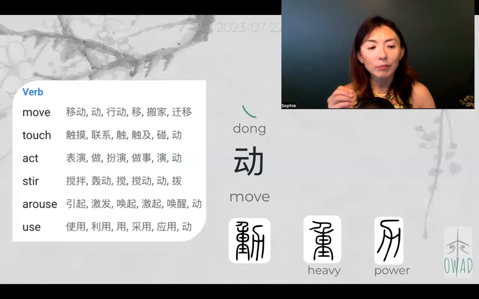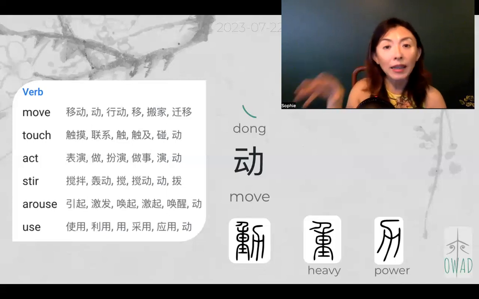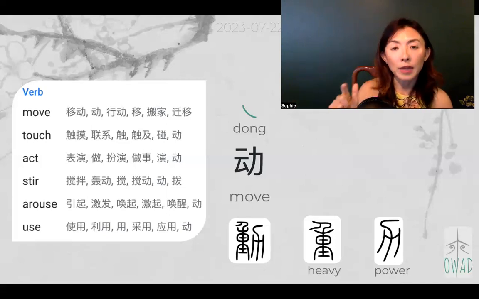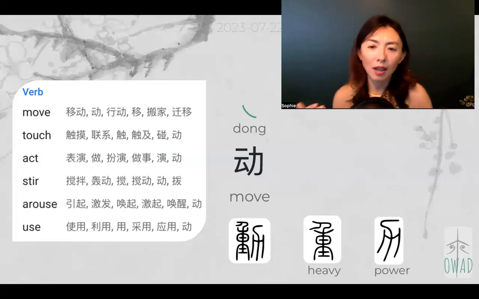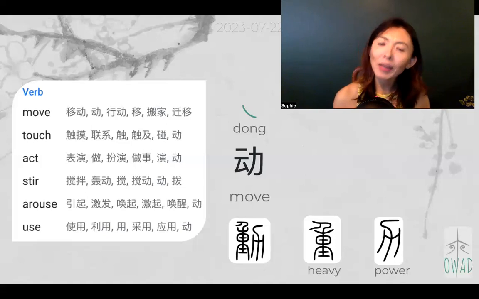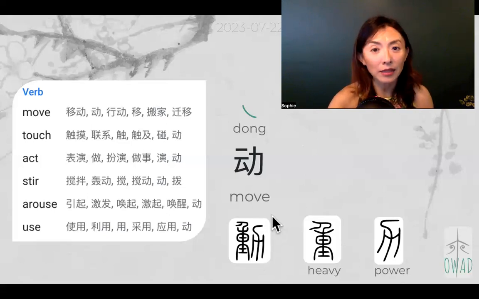And because this is probably hard labor, language creators commonly use a farming symbol to mean power, because you have to power through it, right? Muscular power, physical power. So this physical power plus this early morning farming together means move.